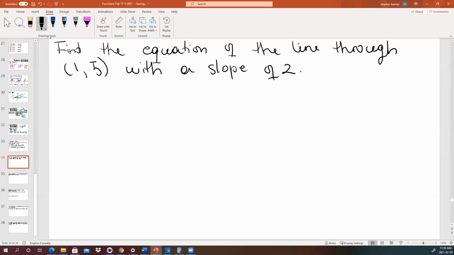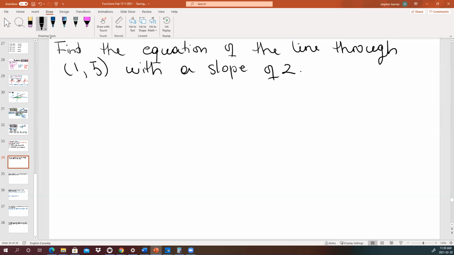So we are given just one single point. If we are only given 1 point, we can't find the gradient. You need at least 2 points to find the gradient, right? We're given 1 point and we're given the gradient. So we have the gradient, which is 2.